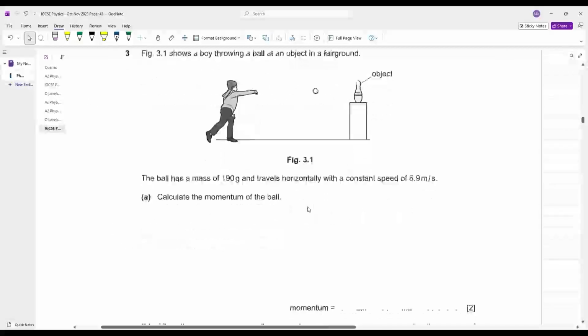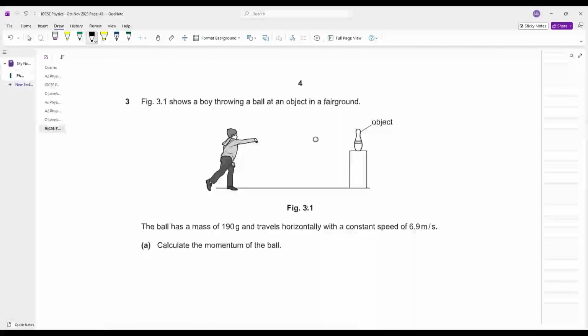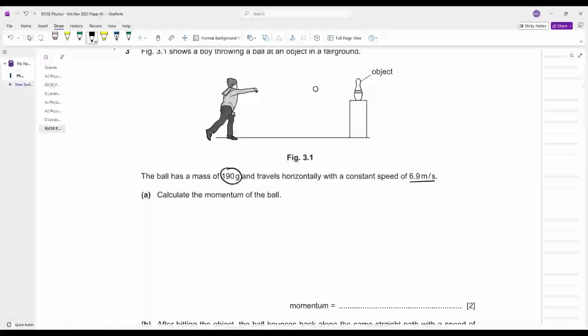Now let's see this. Figure 3.1 shows a boy throwing a ball at an object in a fairground. The ball has a mass of 190 grams and travels horizontally with a constant speed of 6.9 meters per second. Calculate the momentum of the ball.